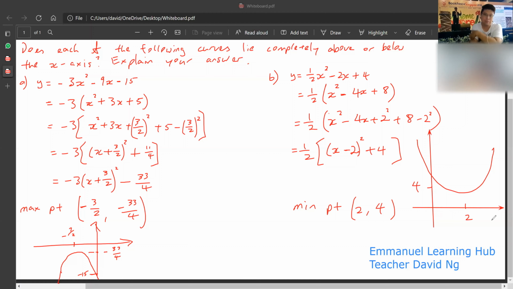Right? But they're not asking you to sketch. They're asking you to answer a question. Does each of the following curves lie completely above or below?